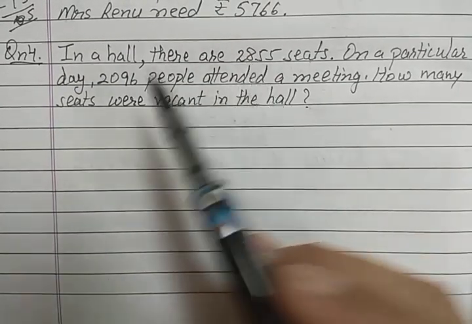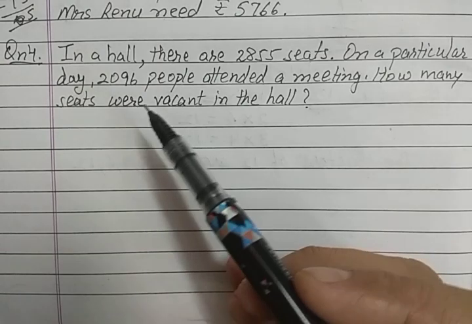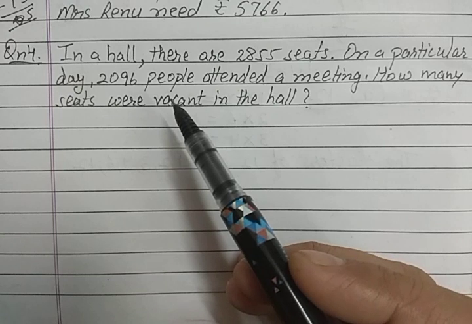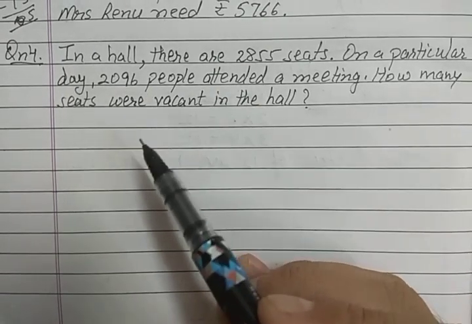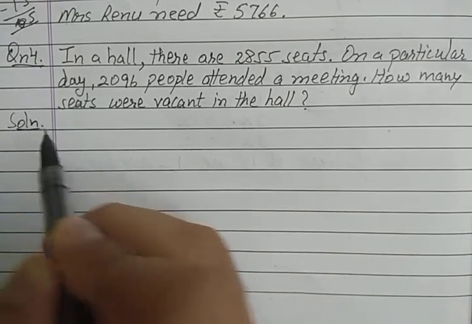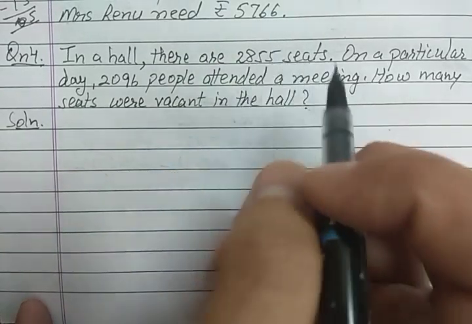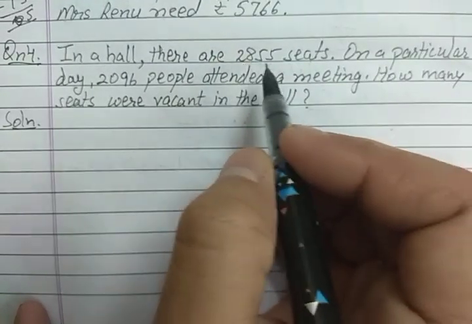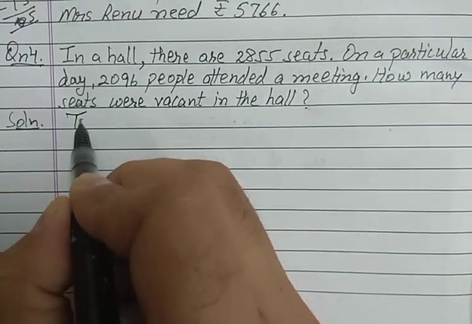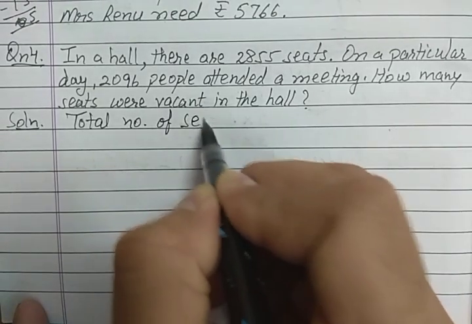So total number of seats is given, number of people attended the meeting is given. You have to find out the vacant, means खाली बची हुई. And whenever you find out the left out things, that means you have to subtract. So we will solve it. We always write what is given first. This is 2855, the total number of seats.